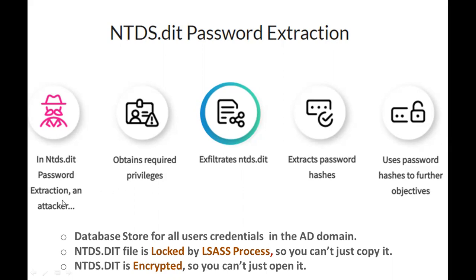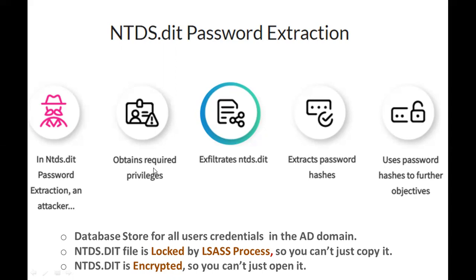You can see that we have the attacker trying to obtain the required privilege, especially by exploiting certain vulnerabilities on a compromised system, just like we did in our previous series, where we were able to exploit a remote code execution vulnerability in SMB version 1.